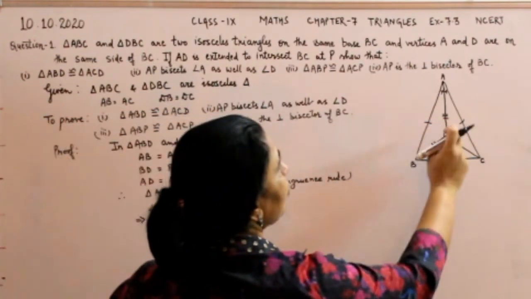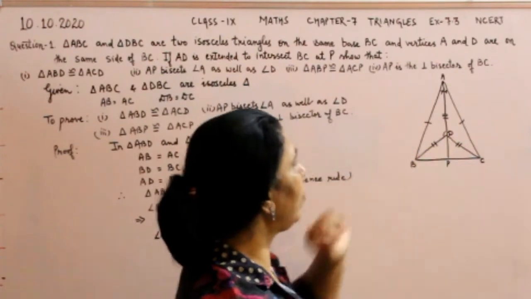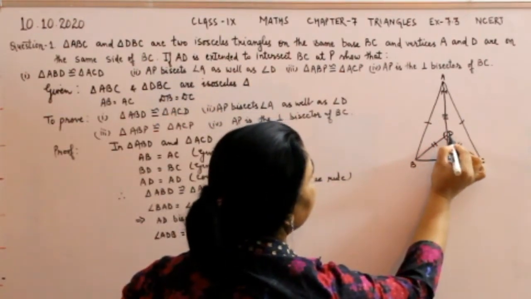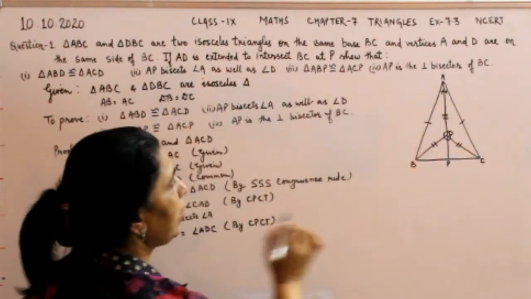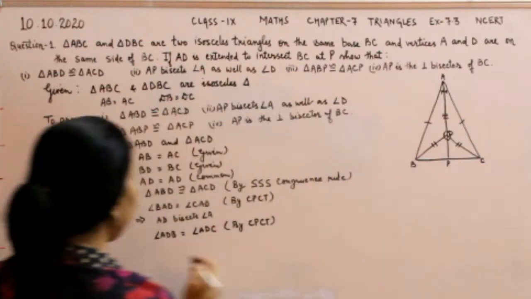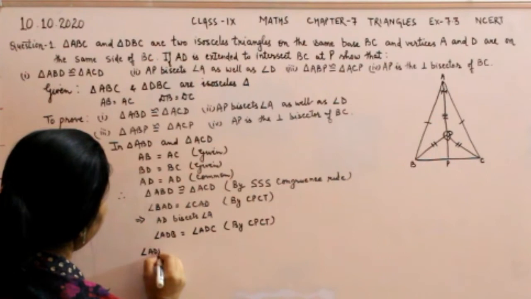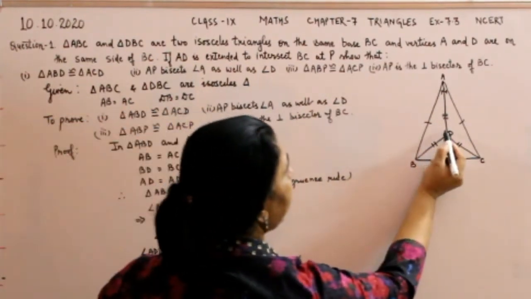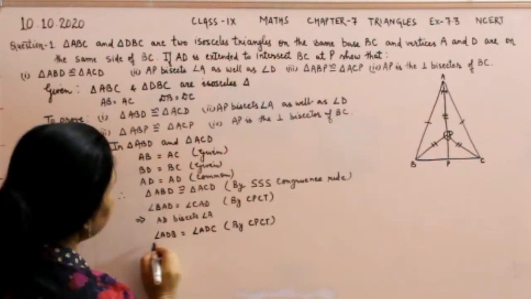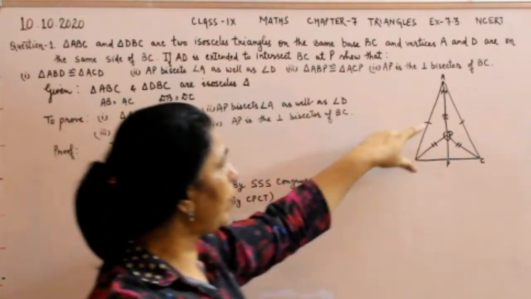Now this full angle is 180 degrees because AP is a straight line. So you can write, subtracting these two angles from 180 degrees because they are forming a linear pair.